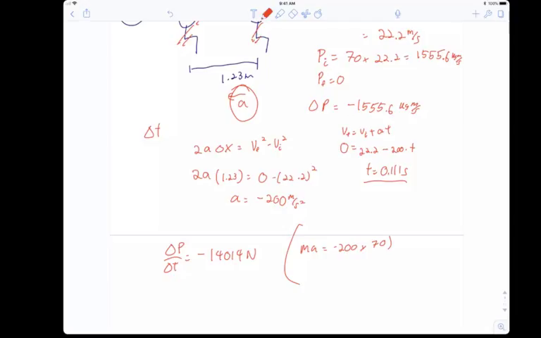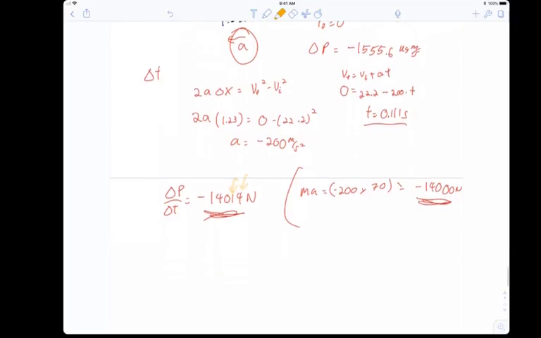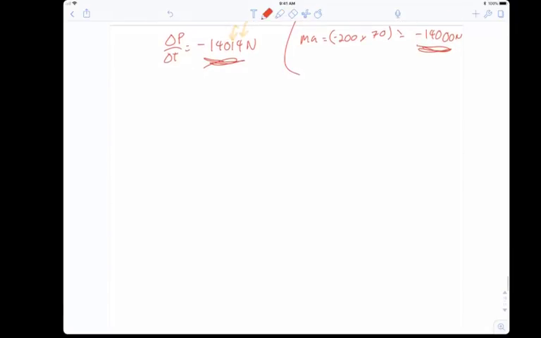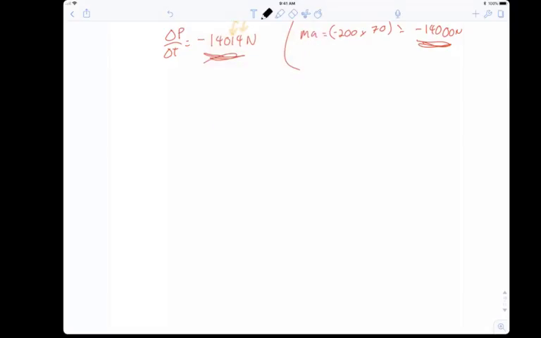Yeah. 200 times 70, that's minus 14000 newtons. Yeah, it's the same. You might be like, hey, what's with these numbers? Those are sig figs. Don't worry about those. Same number. Okay, so what's the average force exerted by the belt? That's the average force exerted by the belt.